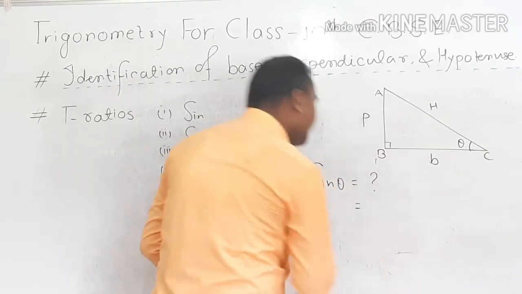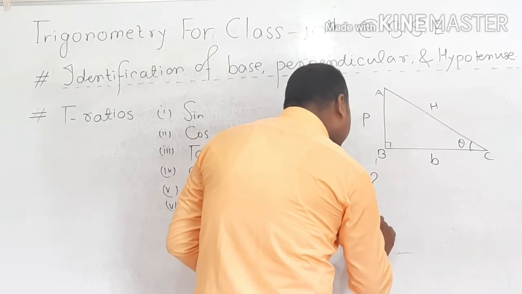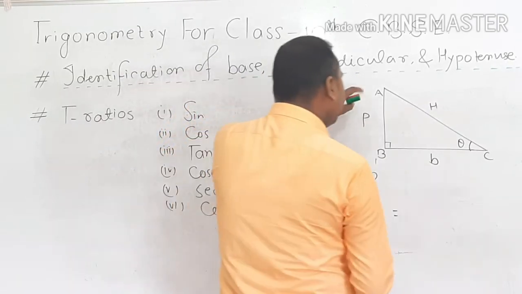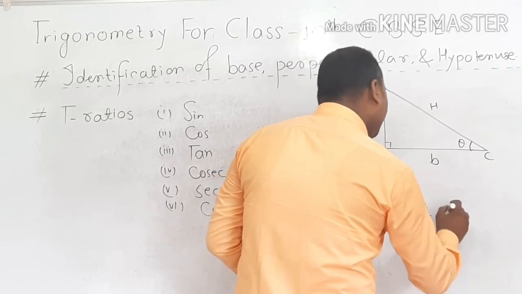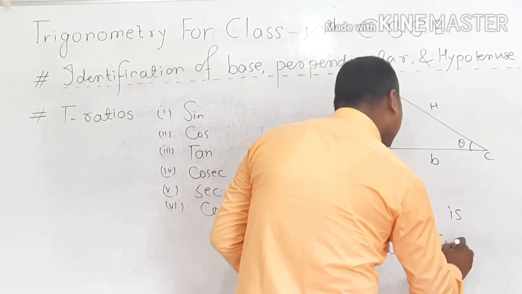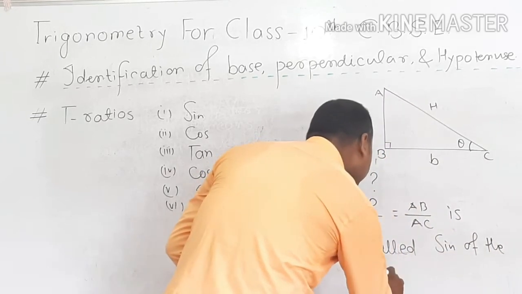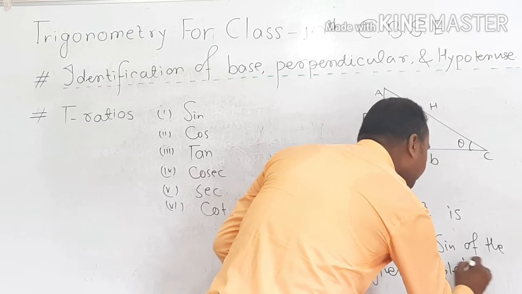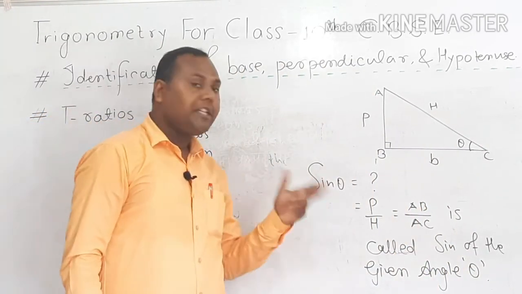That's why we can write it as P upon H, or in terms of the sides of the triangle, P, that means AB upon AC, is called sine of the given angle theta.